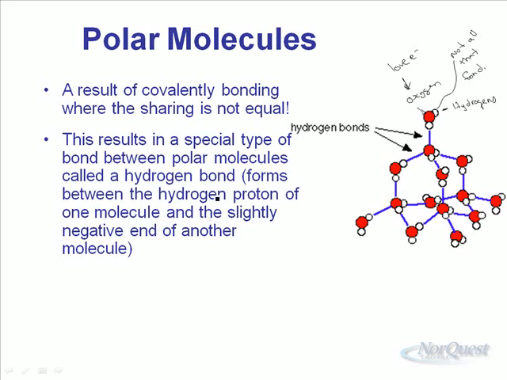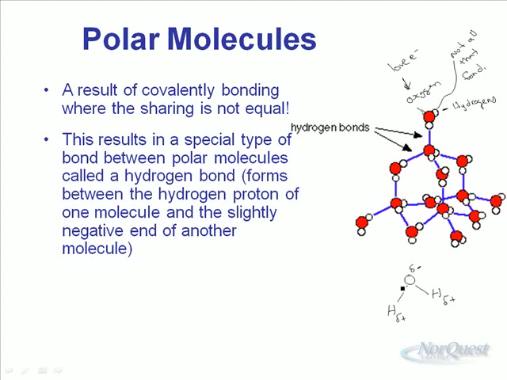So for each water molecule, I'll just draw one here, because the electrons spend most of their time around the oxygen, it becomes a little bit negatively charged, and that's what this little sigma symbol means here. The hydrogens are a little bit positively charged, because the electrons spend most of their time around the oxygen.